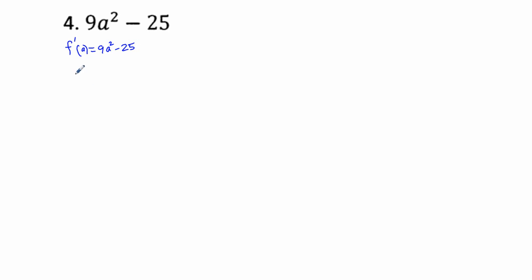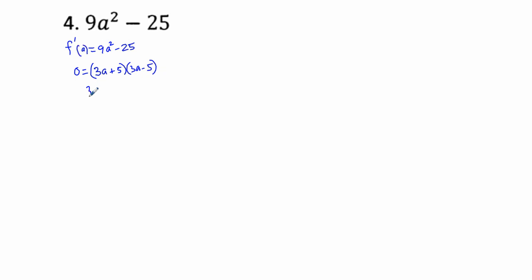Now we can factor using a difference of squares. So we have 0 is equal to 3a plus 5 times quantity 3a minus 5. So that's our factored form.